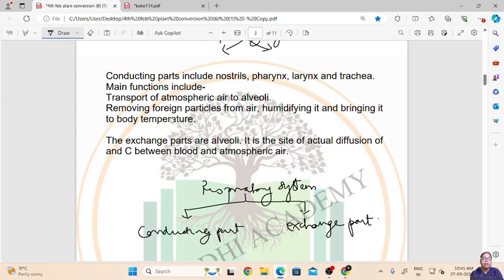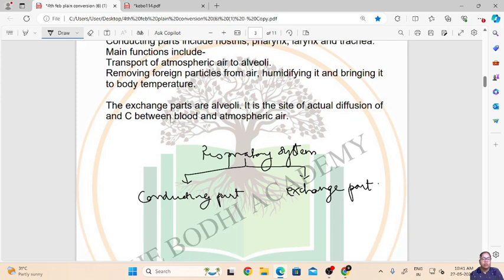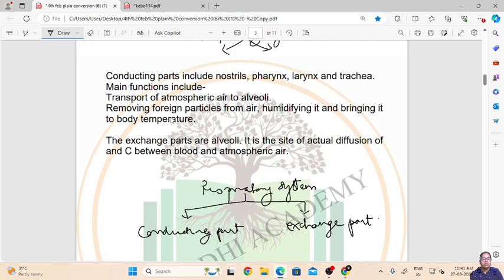So what does the conducting part include? The nostrils.